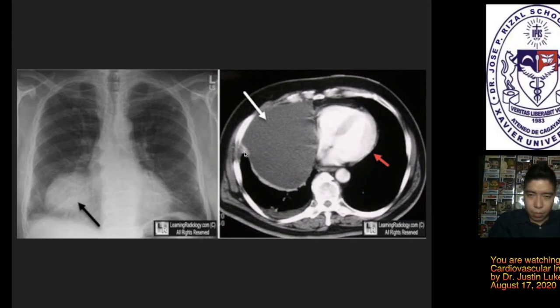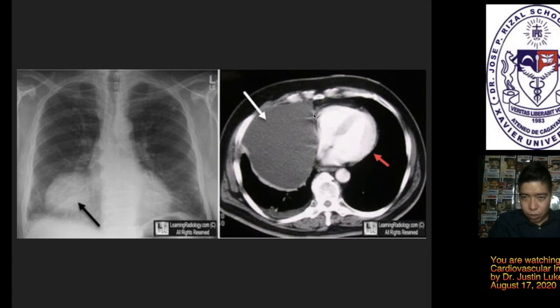And on CT scan, that's proven because it's pushing the lung parenchyma. So this white curvilinear band you see here is due to atelectasis, and that's because this cystic structure is pushing it peripherally.